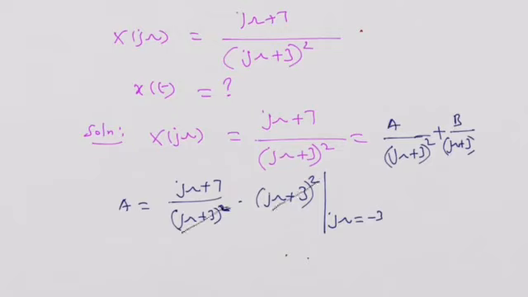Now you will see the result simply remains with j omega plus 7, isn't it? When you substitute j omega equal to minus 3 into this equation, you will find minus 3 plus 7, which gives me the constant value as 4. Right? Think about substituting back into the expansion. Before doing that, let me determine the constant b also. What is b? How will you find out b?